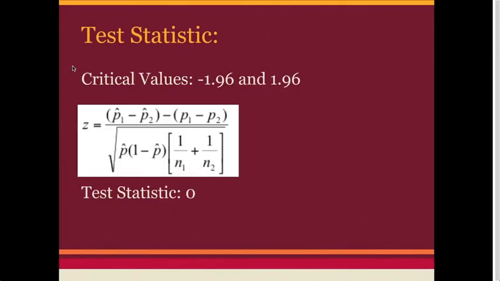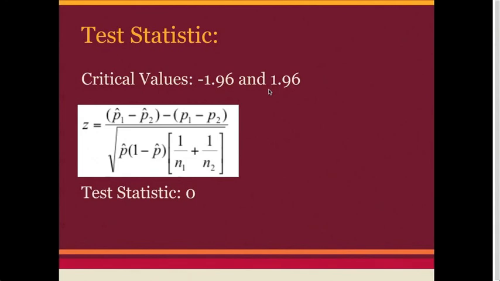Looking at the data that our group has come up with, we have come to the conclusion that we do not have enough evidence to reject the null hypothesis that the true proportion of yellow candies in both M&Ms and Skittles is equal. With a 95% confidence interval, we would have critical values of negative 1.96 and 1.96. So our test statistic would have to fall within the range of that curve.